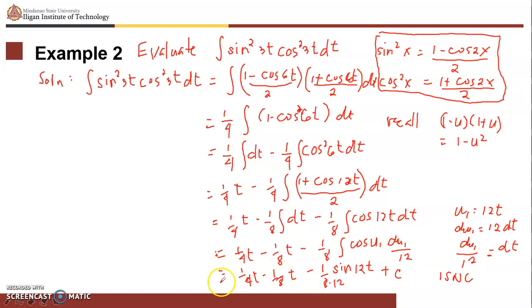You have to rewrite this: remember that you have your 1/4 t minus 1/8 t minus 1 over 8 times 12 sine of 12t plus c.